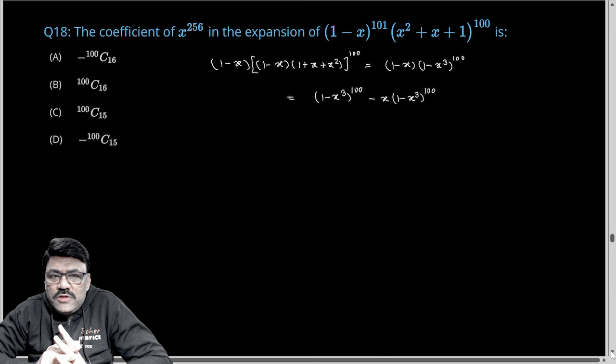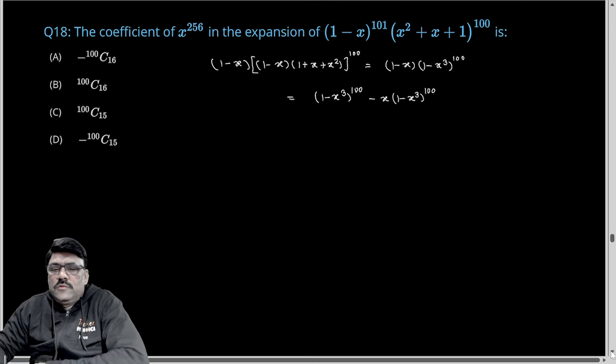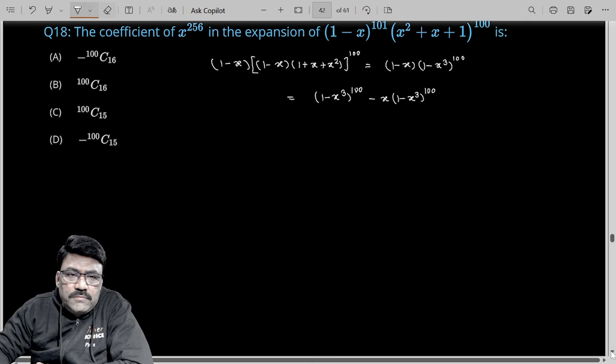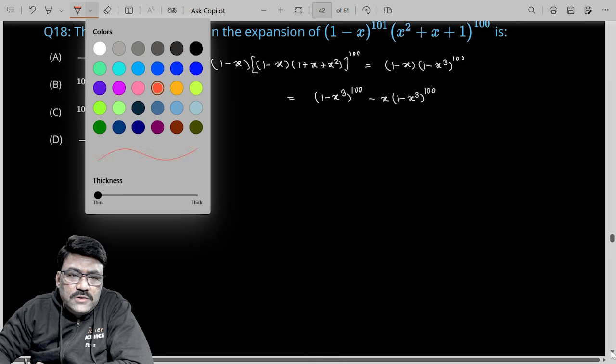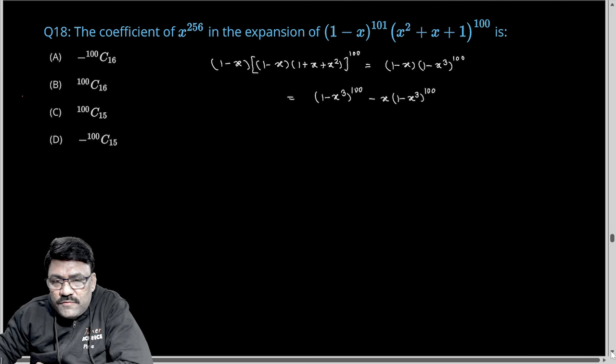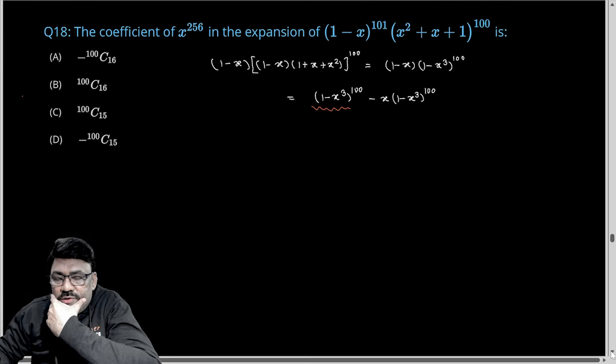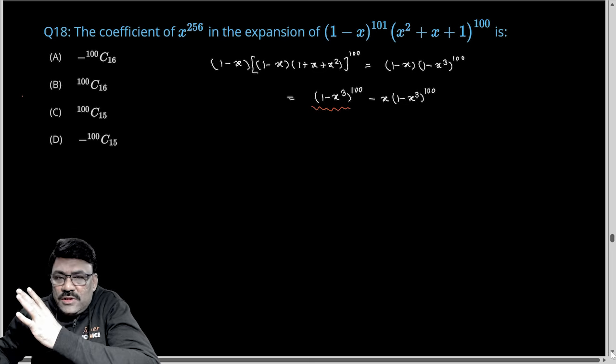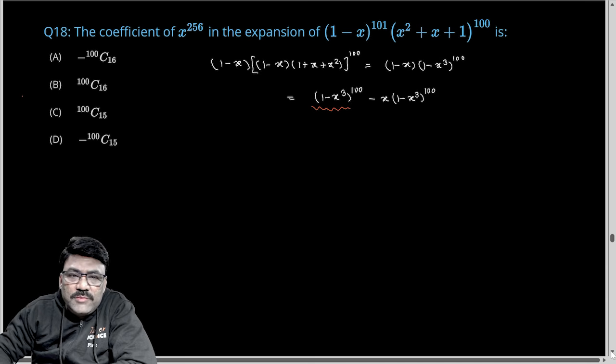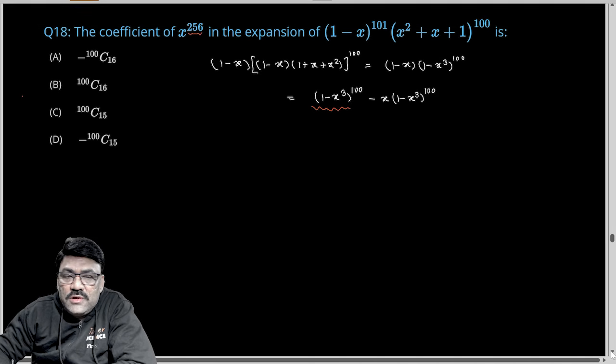Now I need the coefficient of x raised to 256 in this expansion. See, if you expand the first one, every power of x will be a multiple of 3. And 256 is not a multiple of 3.